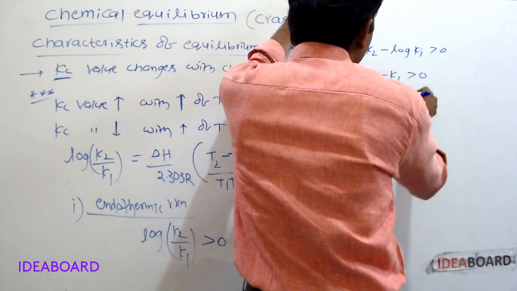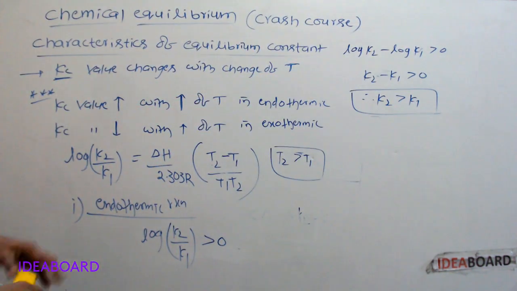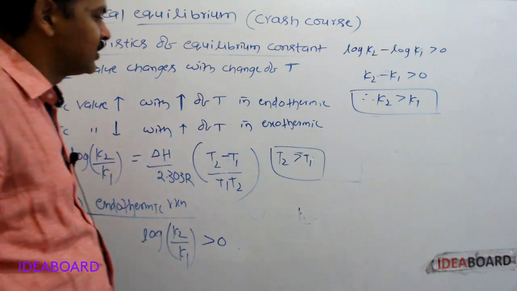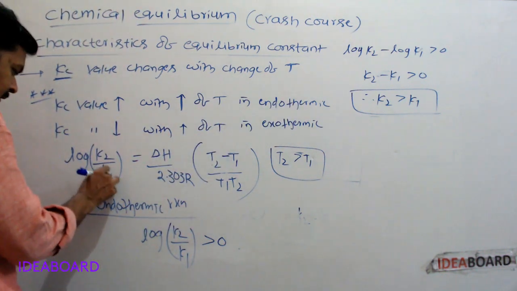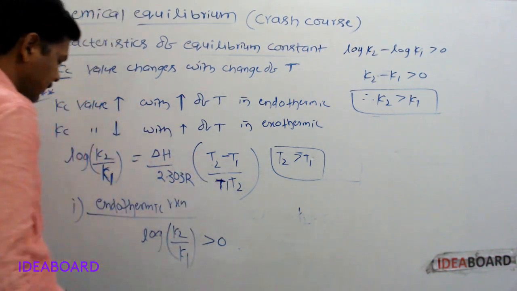Therefore, K2 is greater than K1. That's why the Kc value increases with increasing temperature in endothermic reactions. Here K1 is the equilibrium constant at T1 Kelvin temperature.